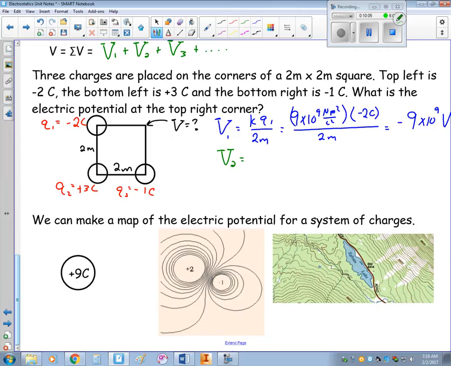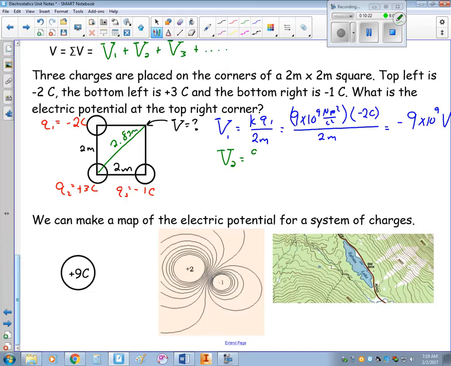For the second one, the distance from here to here would be about 2.83. Just right triangle it: you've got 2 by 2, and then it's a right triangle, so find the hypotenuse.